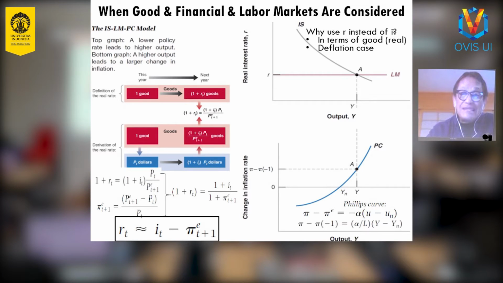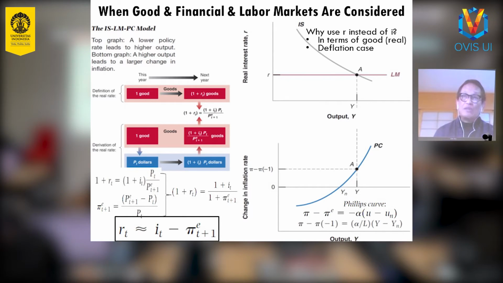Okay? So this PC is essentially a curve which replaces the aggregate supply. But I have to put the quotation mark on replace, because actually it does not erase the importance of aggregate supply. Everything that you learn about how to derive the aggregate supply is still okay, still correct.